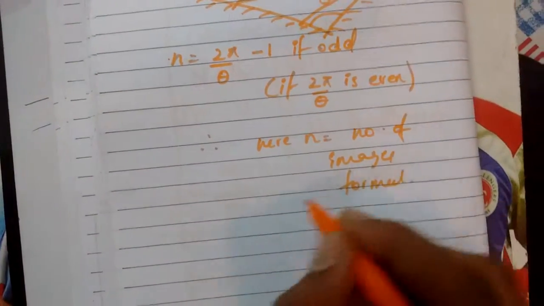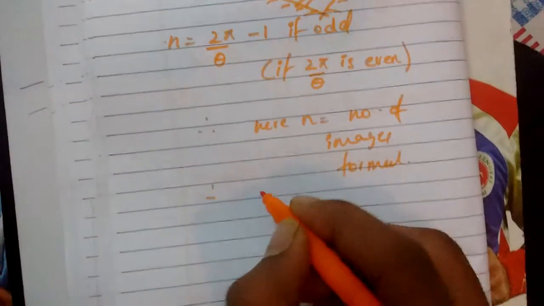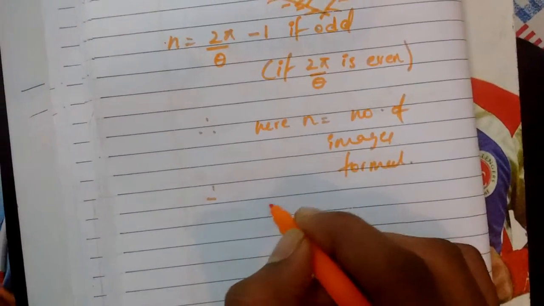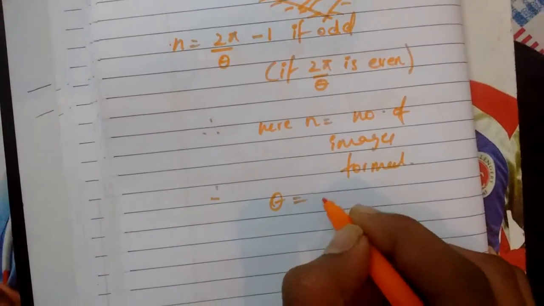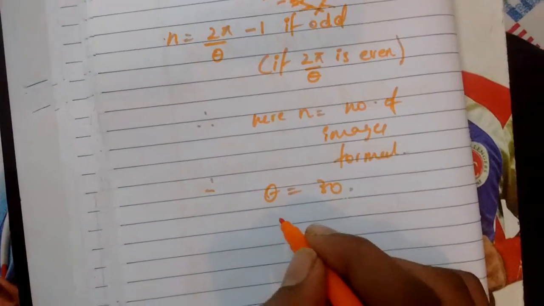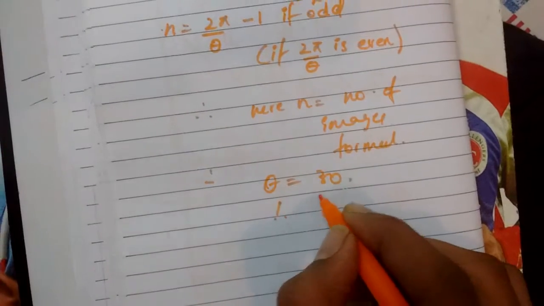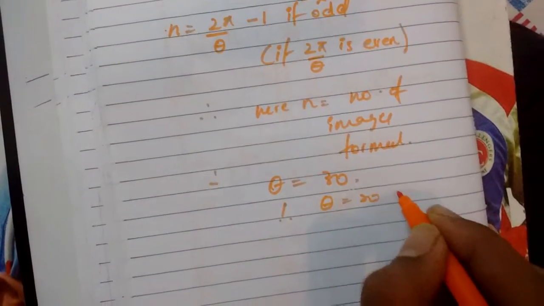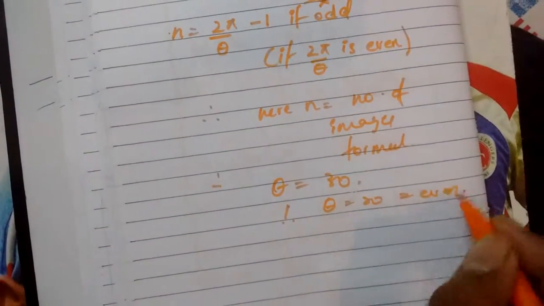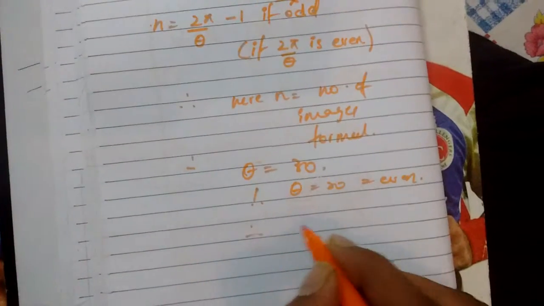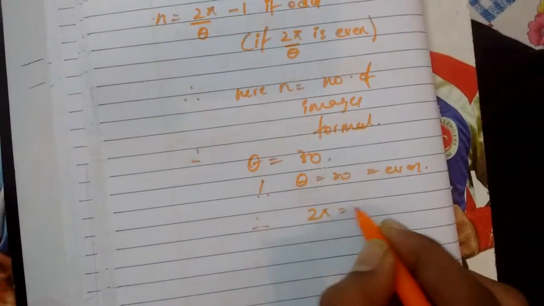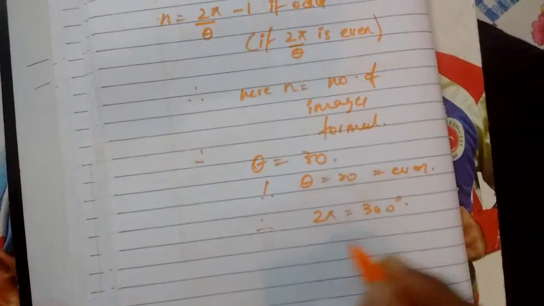Therefore, let us take theta equal to 30. Theta is 30, which gives an even value. Therefore, 2 pi equals 360 degrees.